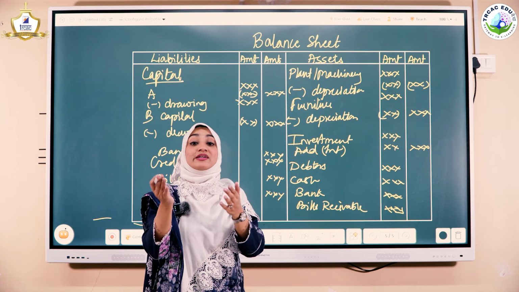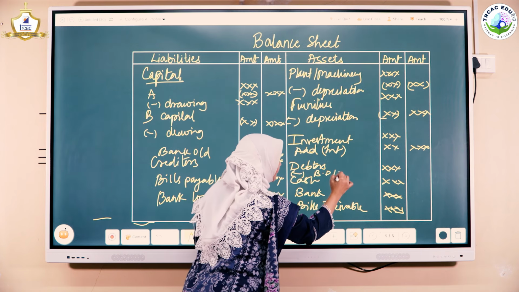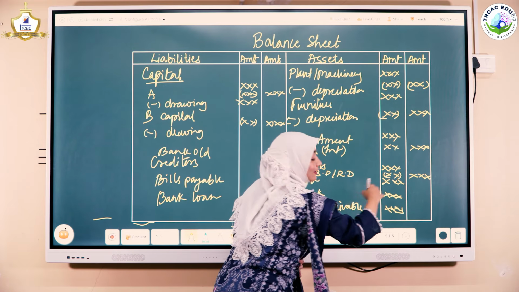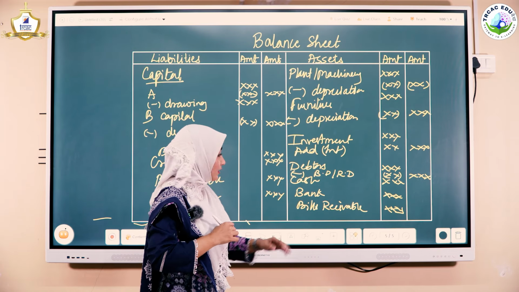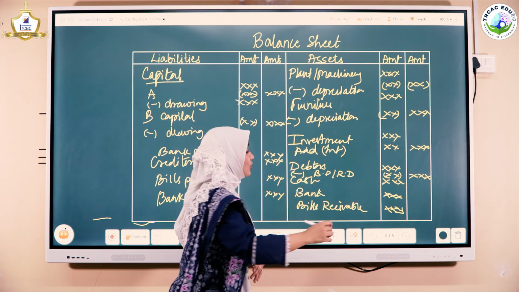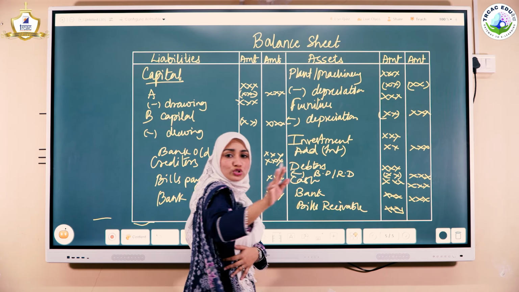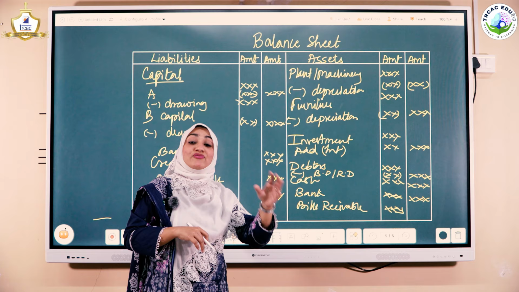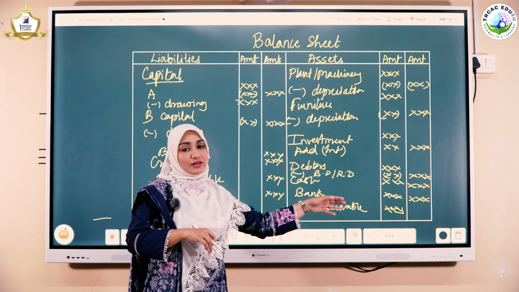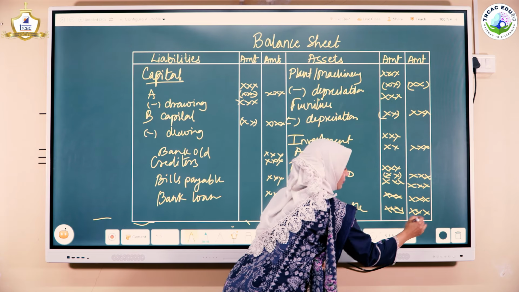So these will be deducted from your debtors, and the final amount will go outside. Cash and bank generally don't have any adjustment, so the amount can go directly to the outer column. No issues with it. For bills receivable, if there is an adjustment given of a dishonoured bill, then only the adjustment will come. Otherwise, the amount will go directly to the outer column.